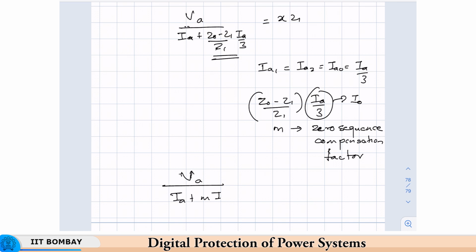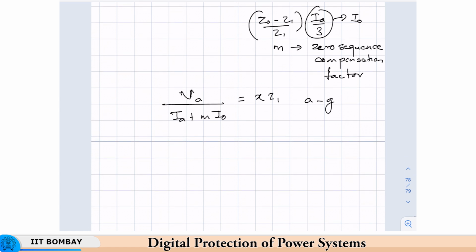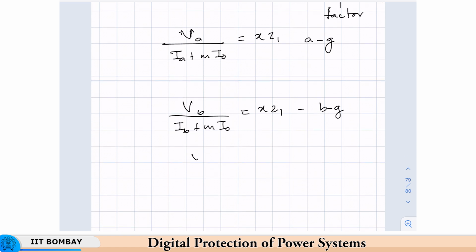So these three, along with the earlier three, which were VA minus VB upon IA minus IB, VB minus VC upon IB minus IC, and VC minus VA upon IC minus IA.